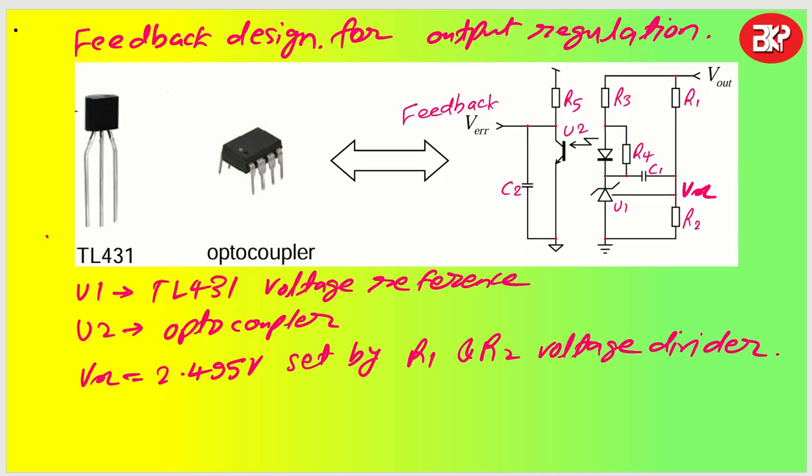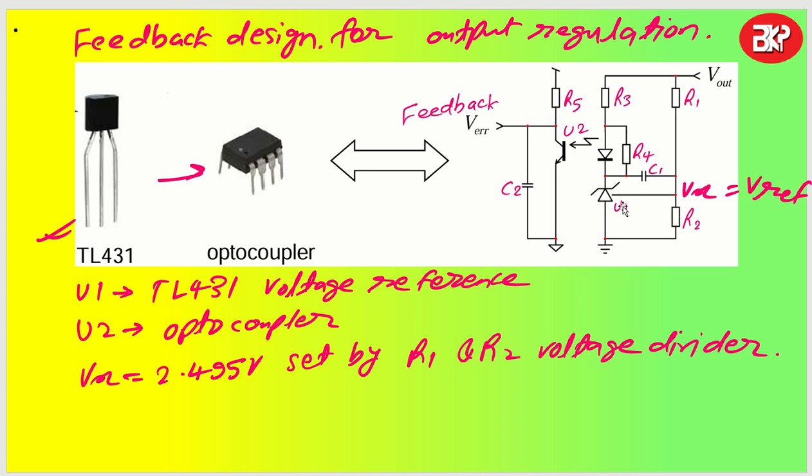So TL431 is a 3-pin device which looks like this. It can have any other package as well. Now it will need one optocoupler to send the voltage level signals to the primary. The overall circuit will look like this: there are resistors R1 and R2 which act as a voltage divider circuit, and this Vx will be defined as V reference.